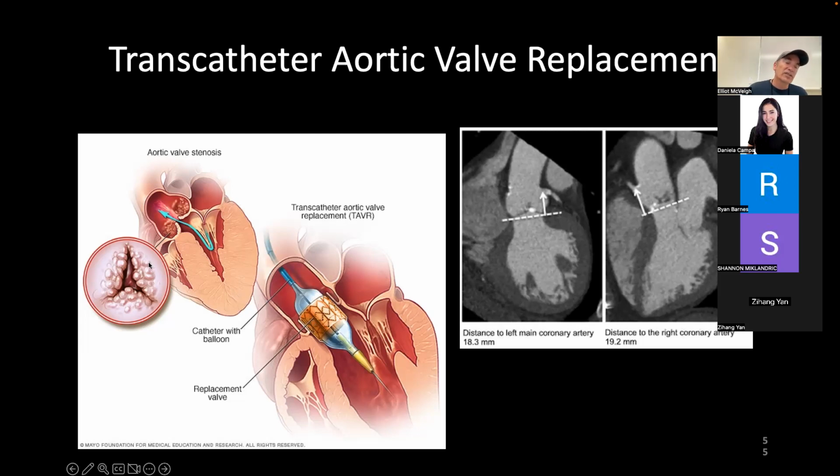And normally you just take the old valve and crush it into the sides, as opposed to, say, cutting it out first. We just crush it along the sides, and it helps in some ways fix this thing in place. And so then you pull all this gear out and you're done.